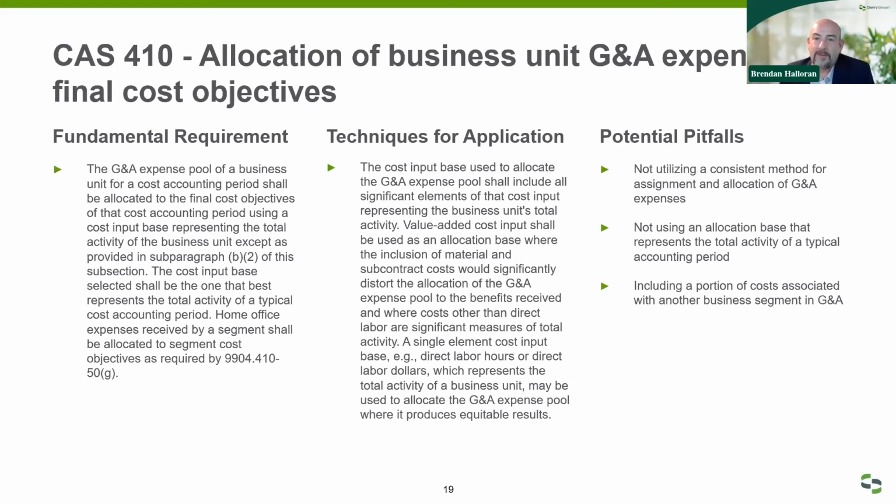But in terms of not utilizing an allocation base that represents that total activity for a typical accounting period, there are instances where audit may question that. I think those can be less frequent.